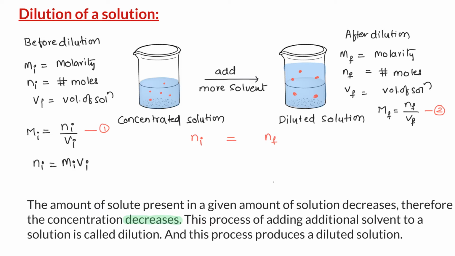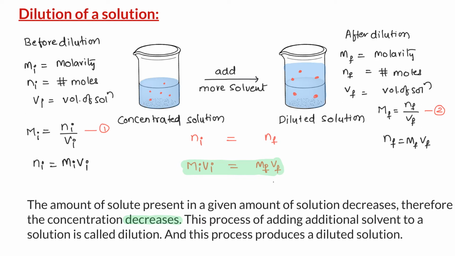And similarly, from equation 2, we can write number of moles final is equal to molarity final times volume final. Since number of moles initial is equal to number of moles final, we get M_i V_i is equal to M_f V_f.